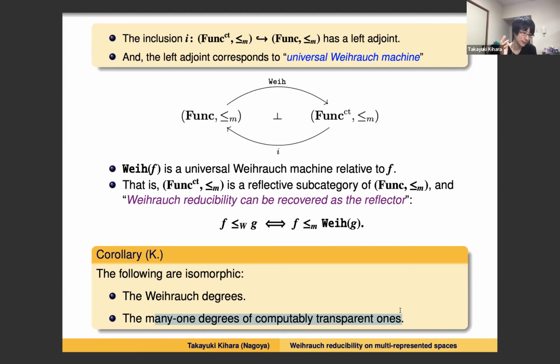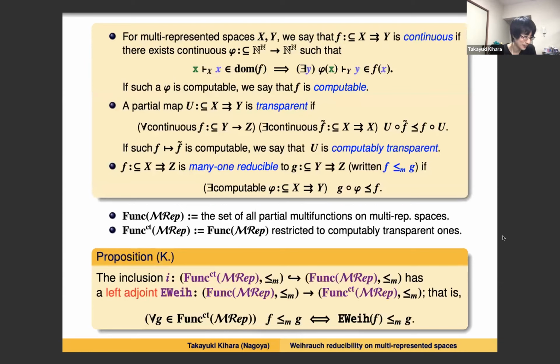Now let's extend this idea to multi-represented spaces. I don't have enough time, so I won't explain the definition, but we can extend the definitions of computable transparency and many-one reducibility to any multi-represented space, and then we can show the same thing as before. Consider the set of all partial multi-valued functions on multi-represented spaces, Func_M, and then consider the computably transparent ones.